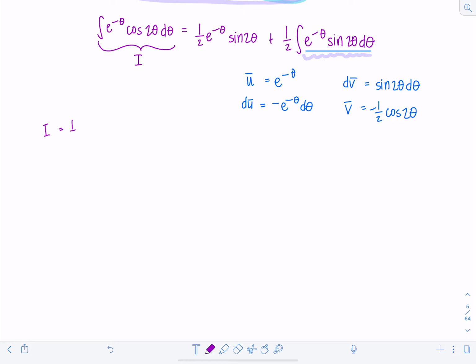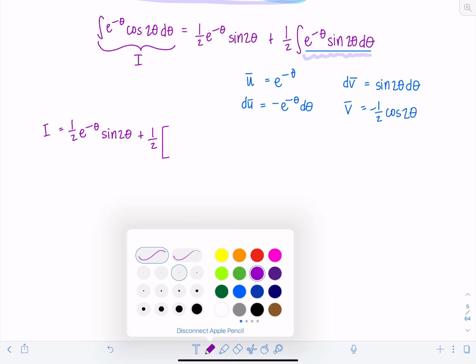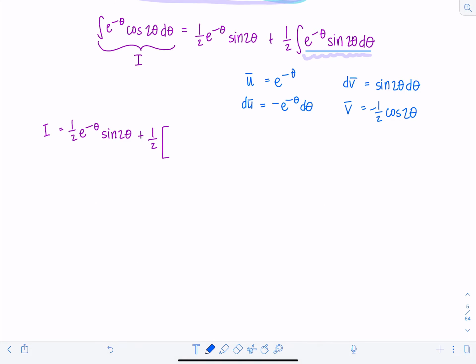So I equals 1/2 e to the negative theta sine 2 theta plus 1/2, and then now the by parts action happens. So u times v, that's going to be negative 1/2 e to the negative theta cosine 2 theta.